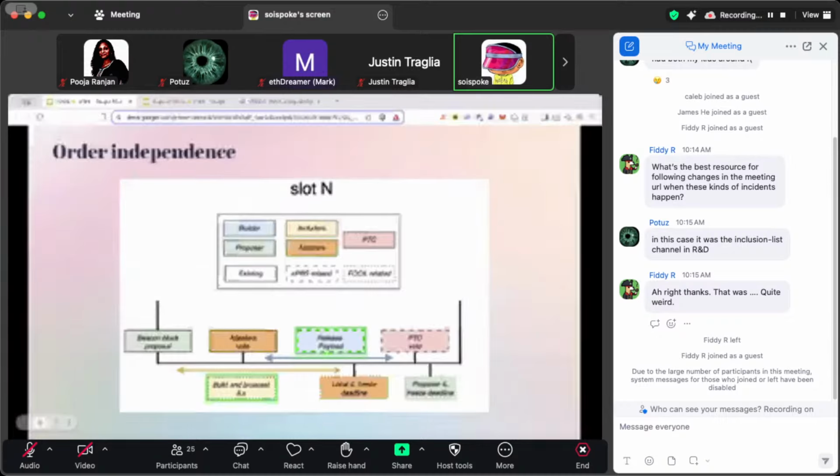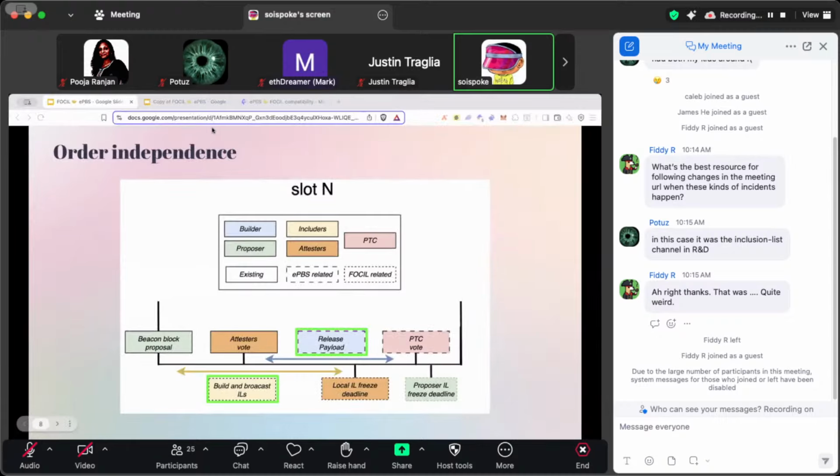Yeah, so that's exactly what I was saying. The first consideration is order independence. Since we don't require ILs to be built on the canonical latest head of the chain to be considered enforceable, the order of these duties, especially towards the end, doesn't matter much.